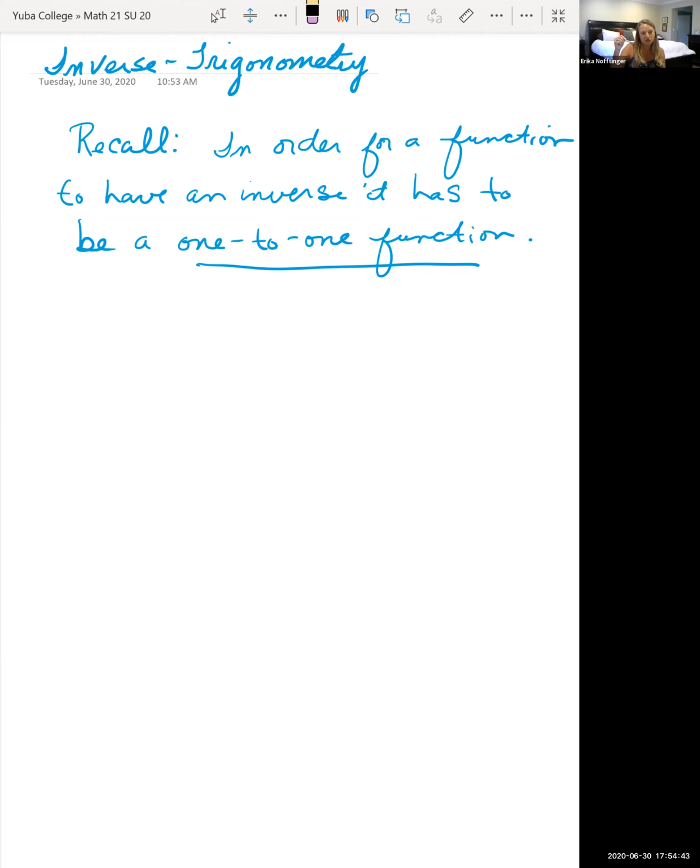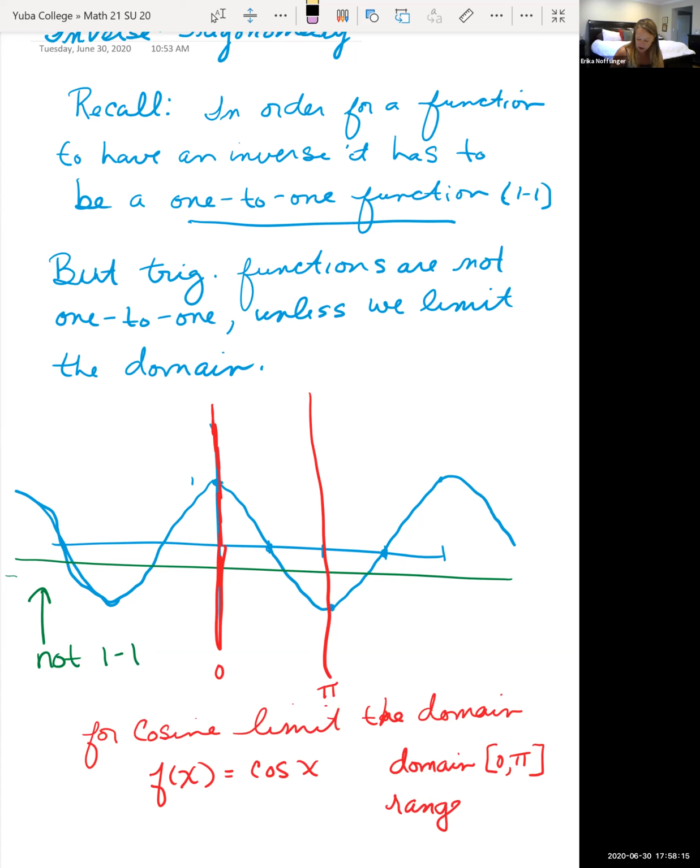And so our range, all the y values you're hitting, are between -1 and 1. Now that we've limited the domain, it's a 1-to-1 function, which means it has to have an inverse.